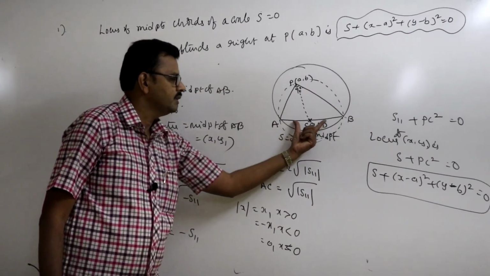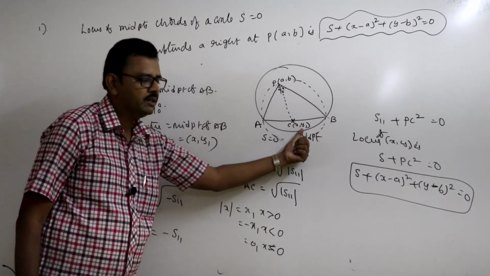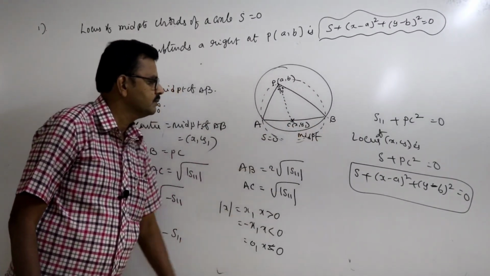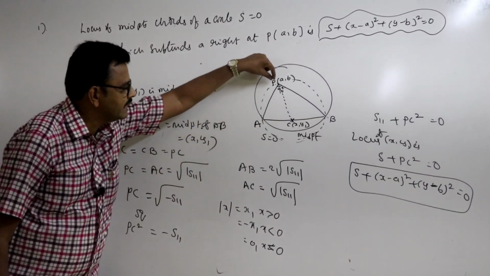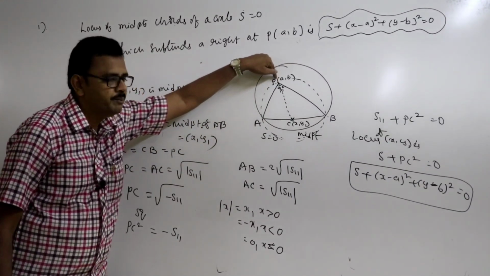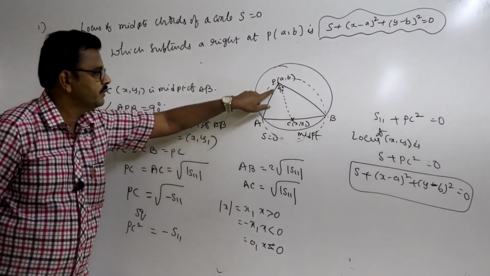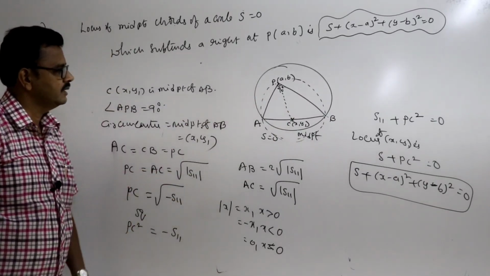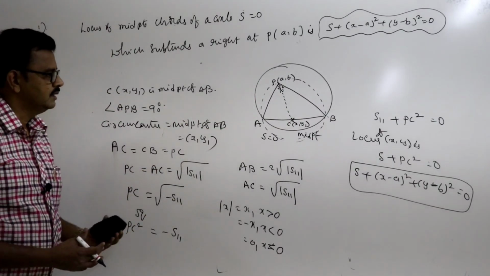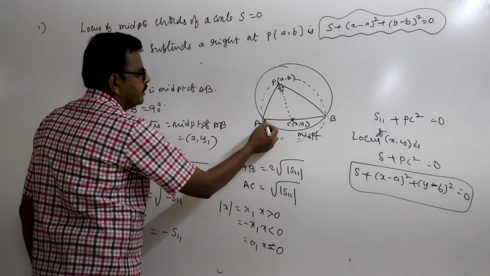Here this is the chord AB, and x1, y1 is the midpoint of the chord. This AB makes an angle of 90 degrees at the point P(a, b). Therefore the triangle is a right angle triangle. The circumcenter is equal to the midpoint of the hypotenuse.